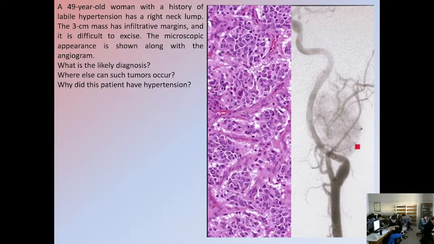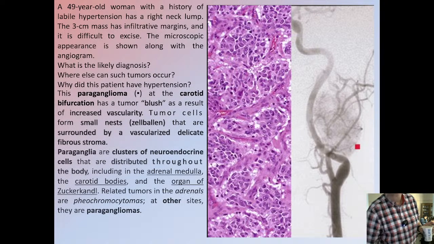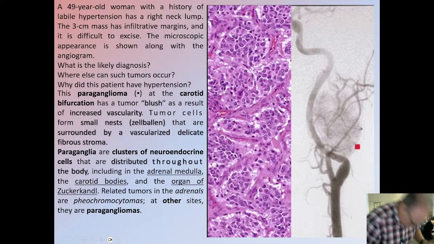So this is a paraganglioma. And they form these nests, neuroendocrine cells form these nests here, you see, and they have a supportive network which stains for S100 protein immunohistochemically. So these are paragangliomas throughout the body.